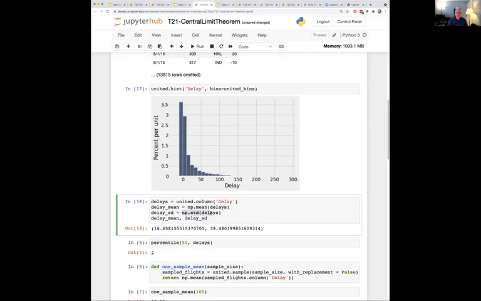And we can compute the standard deviation. Notice that the standard deviation is quite large compared to the mean. The mean is about 16, but the standard deviation is almost 40. You can see this by the tail; the distribution has a very long tail.